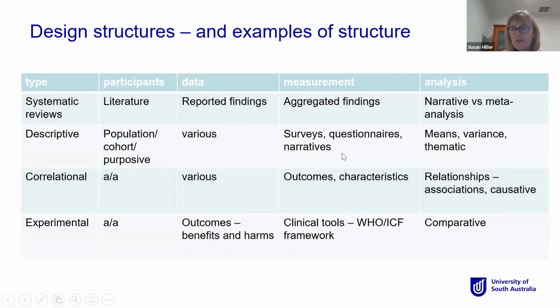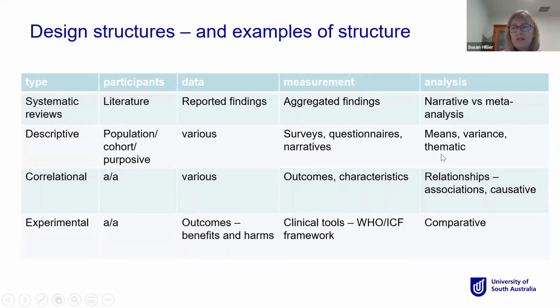We're measuring from a text point of view, not from a numerical point of view. If we have numbers, of course, then we're looking at means and variance from an analytic point of view. There's no attempt to form relationships or associations. It's simply a reporting or a describing of the data.